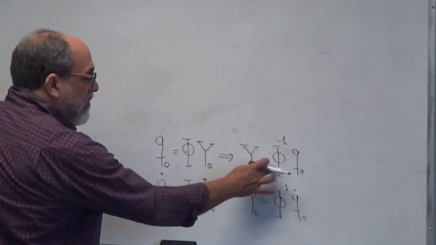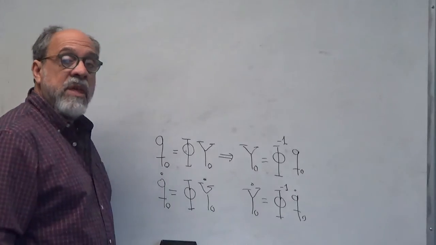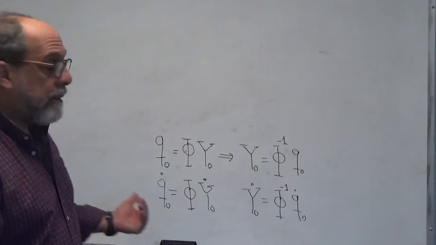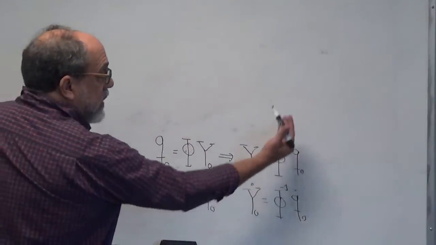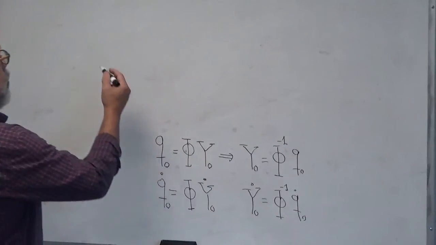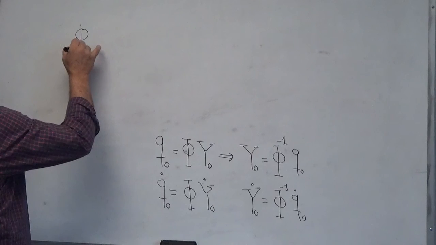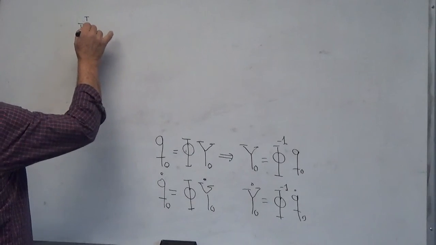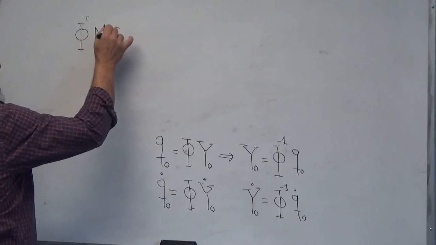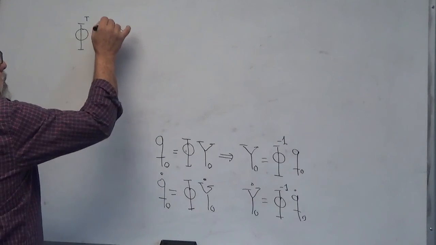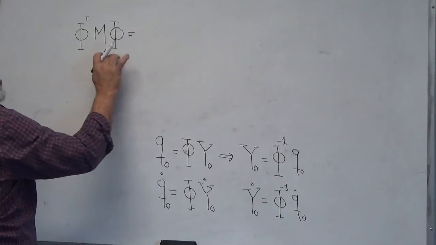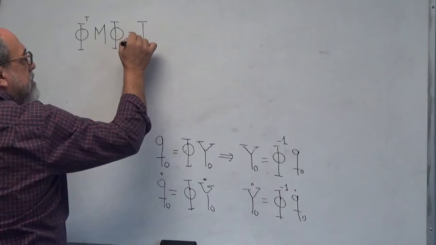So to avoid that, we do exactly the same thing as we have already done. To get rid of the phi to the minus 1 on the right side, we've already shown that the modes can be mass normalized, and that if the modes are mass normalized, then this result is the identity.